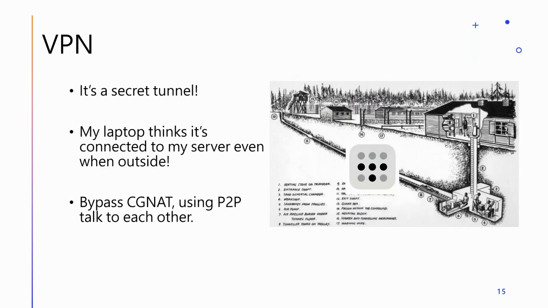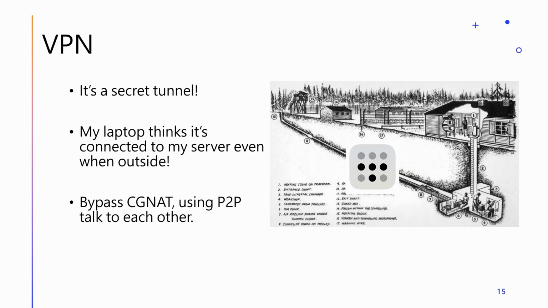Well, here's where VPN comes to the rescue. Remember when I talked about the infrastructure and I missed out a single application? Well, it's the VPN, it's Tailscale. It's like a secret tunnel between you and your intranet. So whenever you connect to your VPN, your laptop will think it is connected to your home network, even when you're outside.